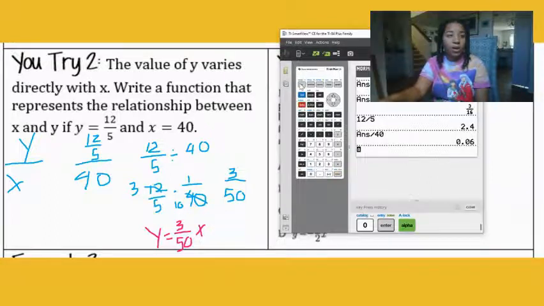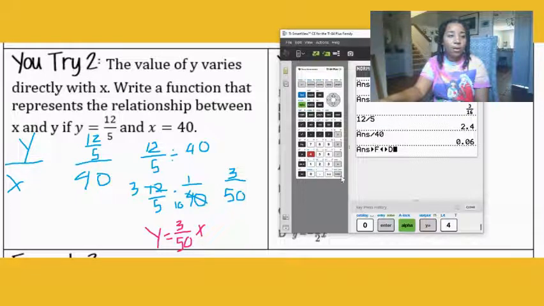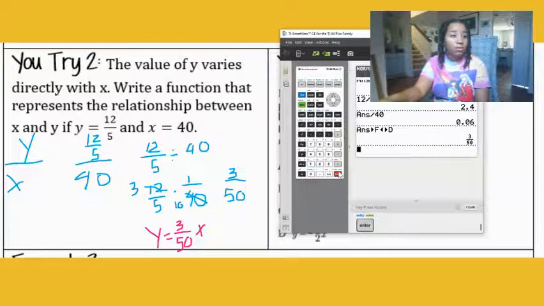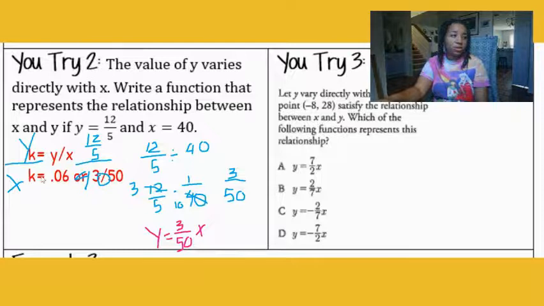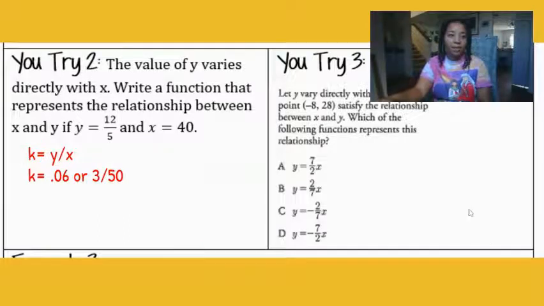So I'm going to do alpha y equals 4, enter, and I get 3 over 50. So that would be your direct variation formula. So that's what you would put: 0.06 or 3 over 50. Either one we accept. I always make sure that you know both of them, because you never know what your answer will show up as.